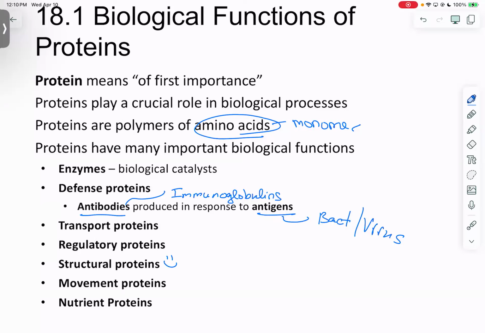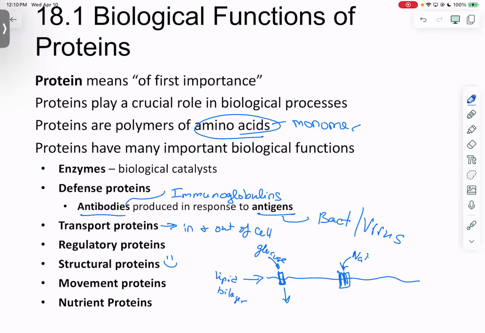So transport means in and out of the cell. If you have a lipid bilayer, so this is our lipid bilayer, you have these proteins that are basically like little tubes that allow, let's say, glucose to go into the cell, or sometimes it's ions, like sodium, or maybe potassium needs to get out.